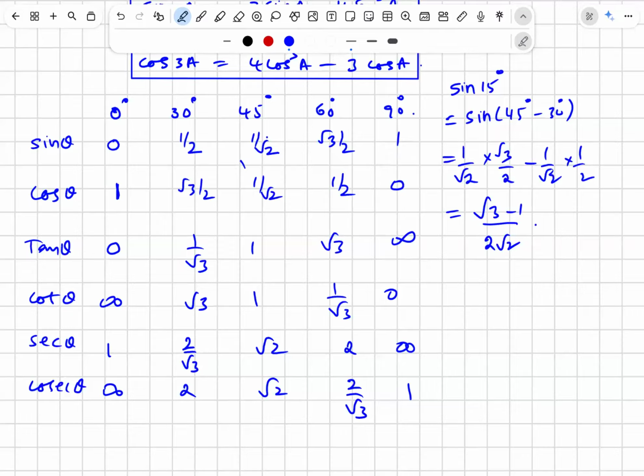Sometimes we will use 15 degrees. So this is the same as cos 75, correct? Okay, right. I want cos 15 now.